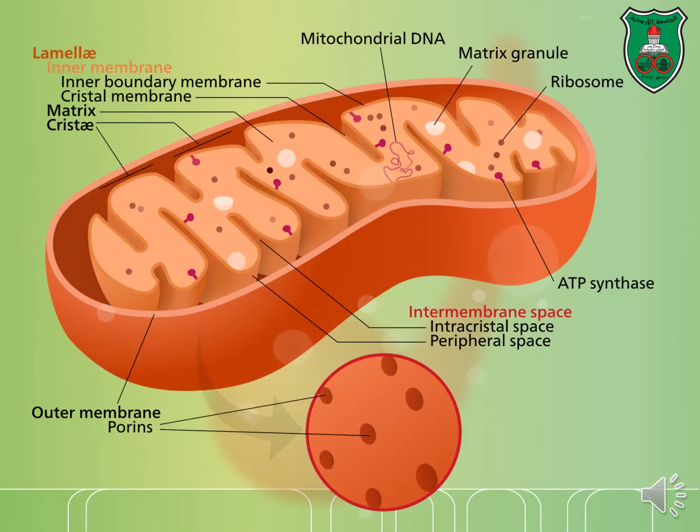So this is the basic structure of mitochondria. You would notice that there is an outer membrane, and this outer membrane is quite porous. And then you have an inner membrane, which is rich with proteins, if you remember from the first lecture, especially the complexes involved in the electron transport chain.